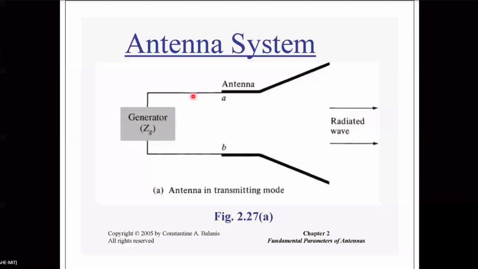For the sake of simplifying, we'll assume that the transmission line is just a small extension wire from the generator, with no loss, nothing. The generator is connected to the antenna straight away. We'll assume it like that. This is the radiated wave, the direction of propagation of the radiation.